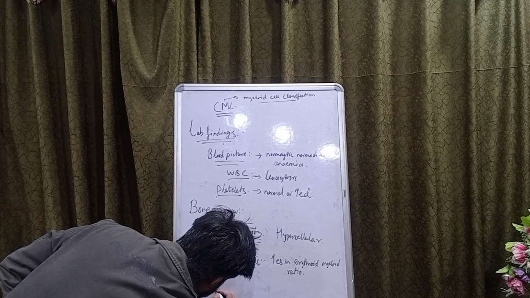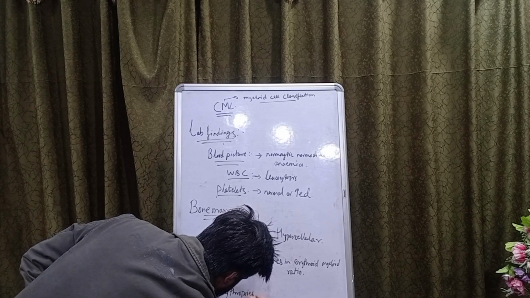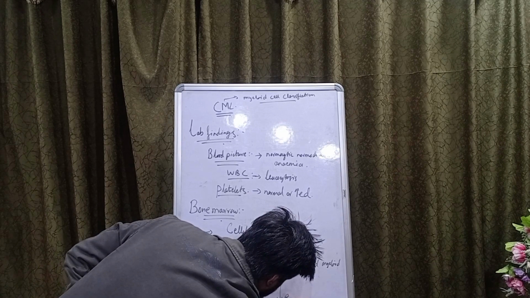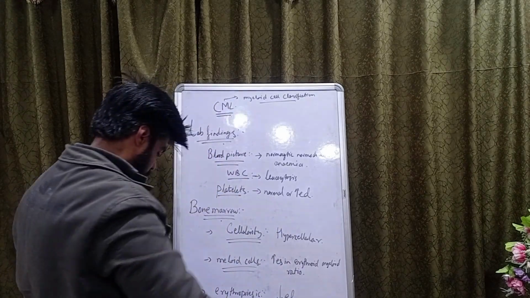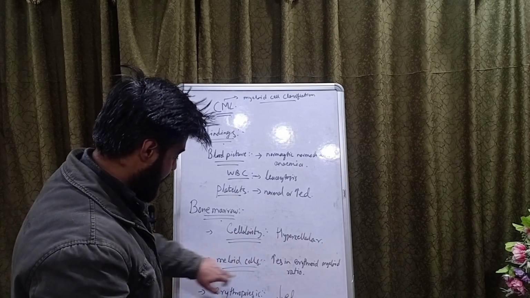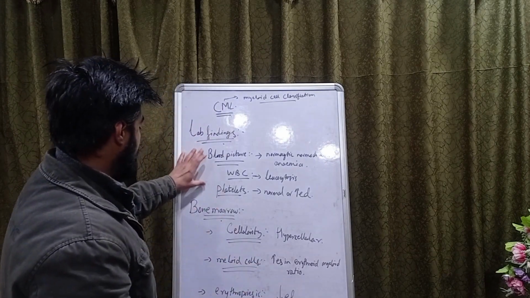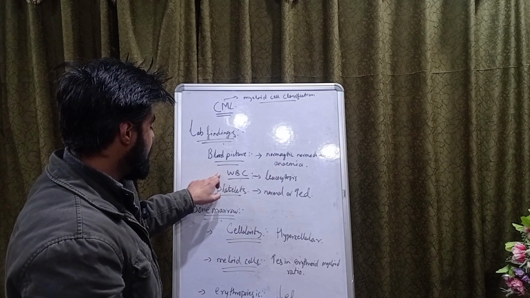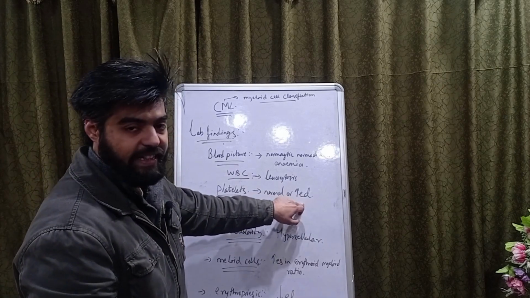Third, we'll see the erythropoiesis. Erythropoiesis will be decreased, that means reduction in the formation of RBCs. So cellularity is hypercellular, there will be an increase in the erythroid myeloid ratio, and erythropoiesis will be decreased. If we talk about the blood picture, there will be normocytic normochromic anemia. WBCs will show leukocytosis, that means an increase in WBCs, and platelets will be either normal or increased.